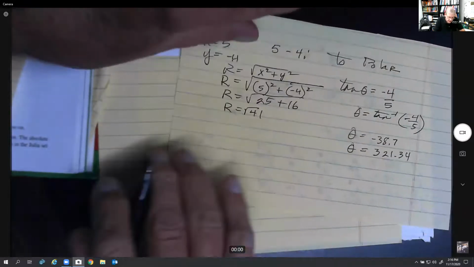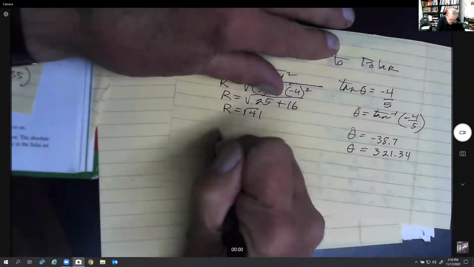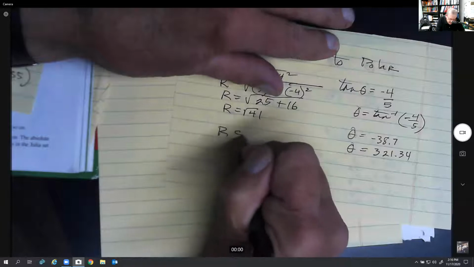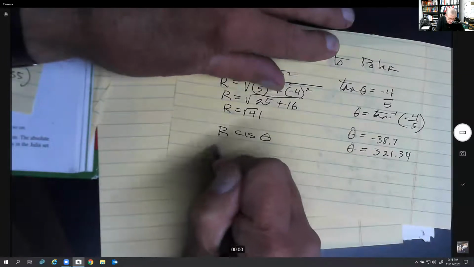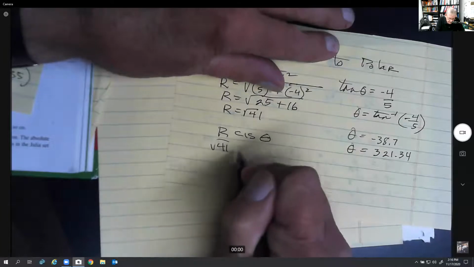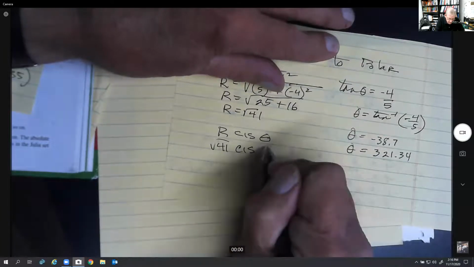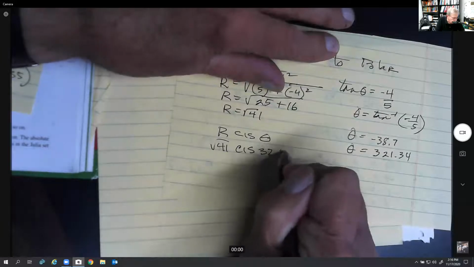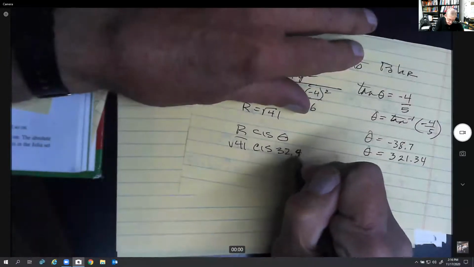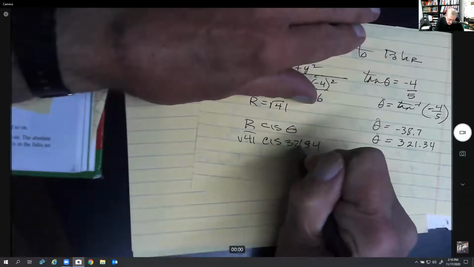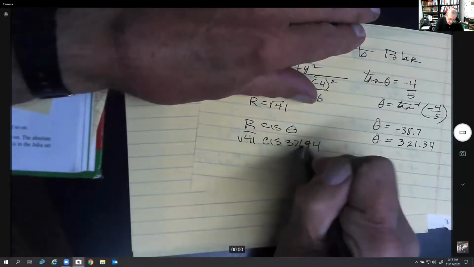Okay, so now I can just put it in polar form. It's going to be r cis theta. So it's r, square root of 41, cis 321.34.